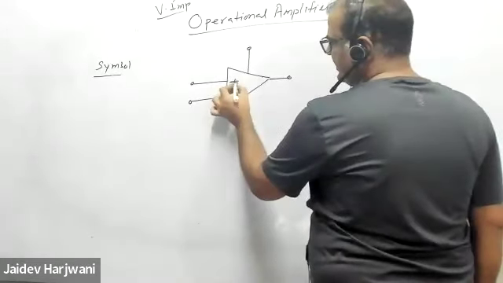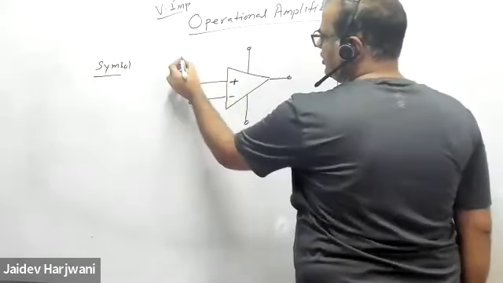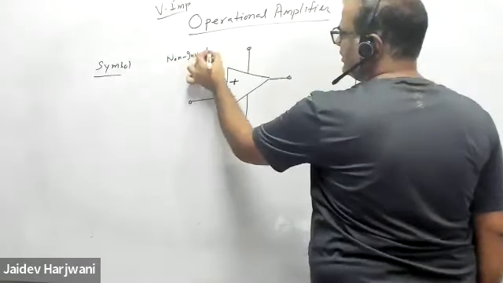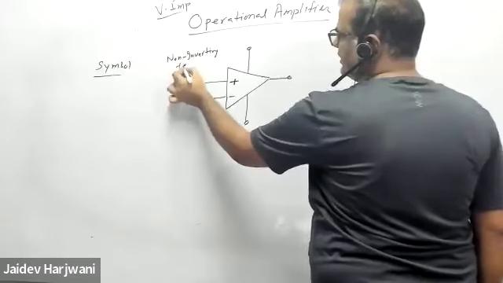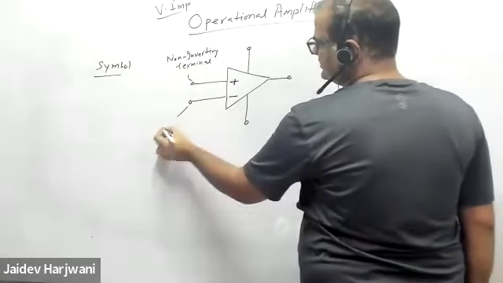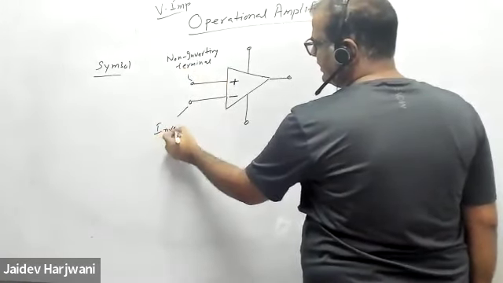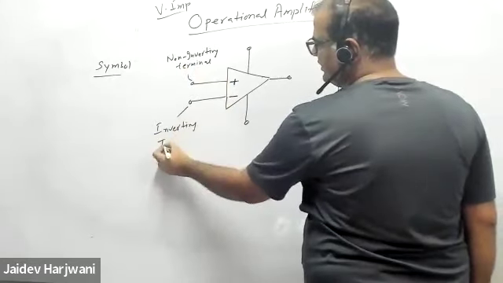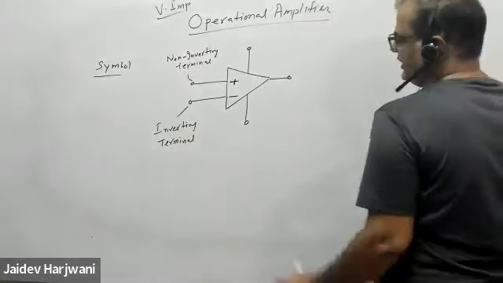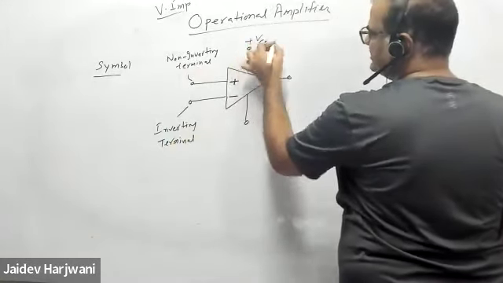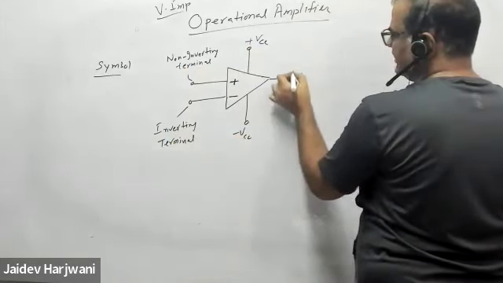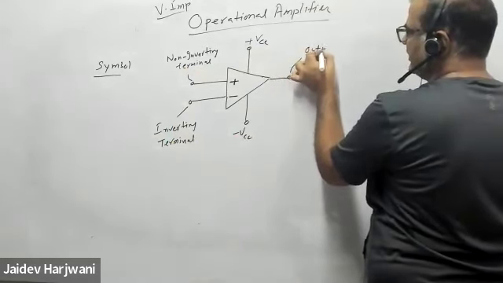Wherever this plus sign is, this is called your non-inverting terminal, whereas where a minus sign is, this is called your inverting terminal. Here you apply biasing plus VCC, minus VCC, and here you get the output. So this is your output terminal.